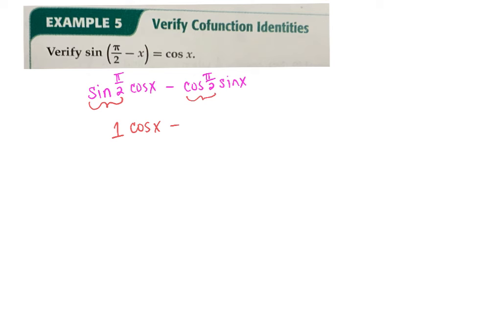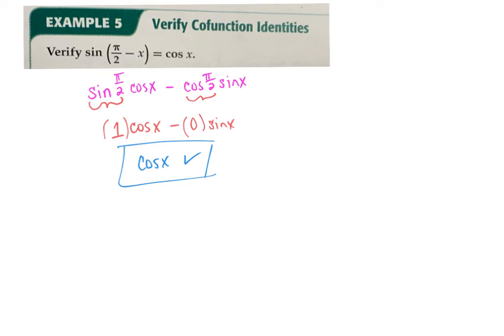The cosine of pi over 2 is 0 times the sine of x, so you end up with just the cosine of x. And you can see that that actually works, right? And so for an identity that we memorized earlier, you can see why it works with your sum and difference.